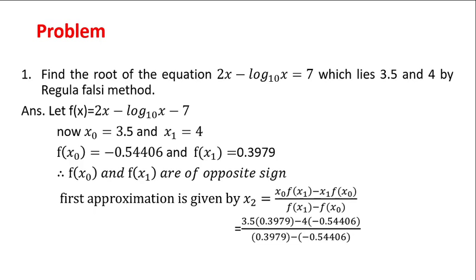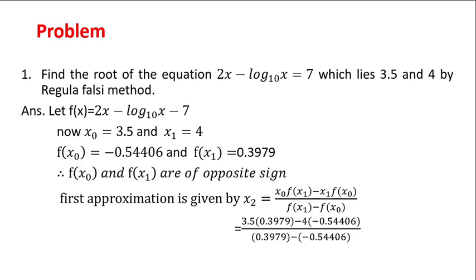Now here we have CALC, press calc, we get x question mark, press x value, that is 3.5. We get the value minus 0.54406, but here we consider 5 decimals.